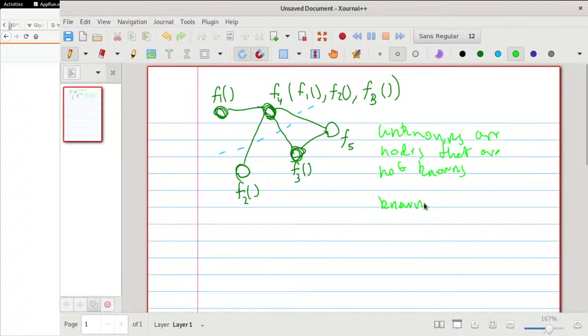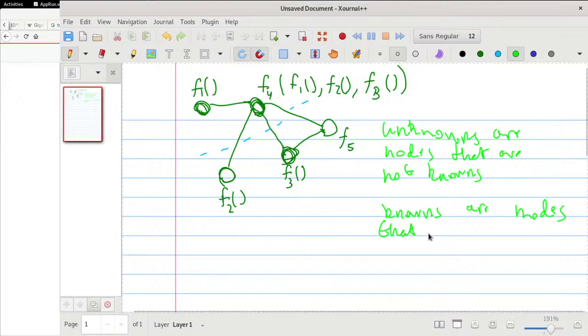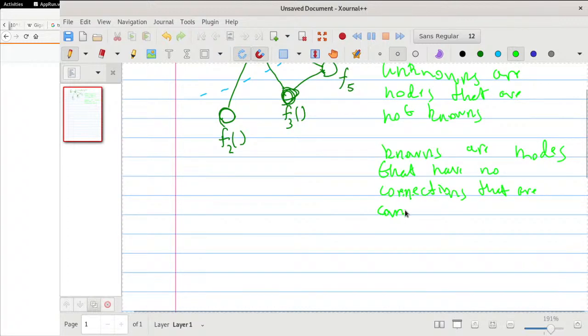And knowns are nodes that have no connections coming from outside our set of knowns.